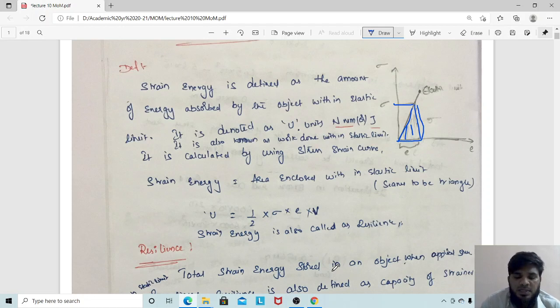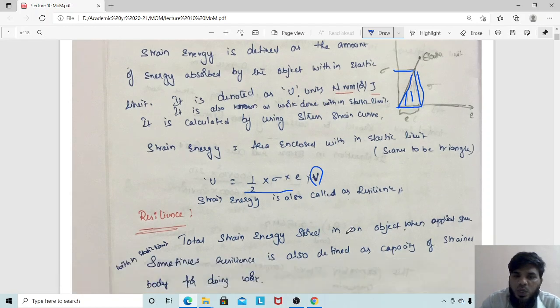For example, for a very thick rod, a larger amount of stress has to be given, and if the area is less, the stress given will be less, but the elastic limit for the material will be the same. So the strain energy is half into sigma into epsilon per unit volume, and this is given for simplification. The length and the area which you have divided is compensated based on the material. Strain energy is also called resilience.